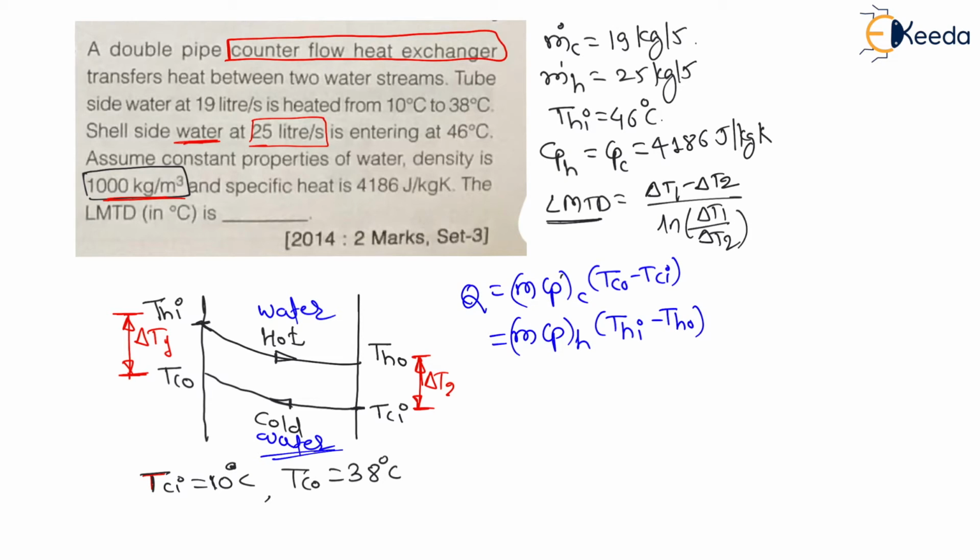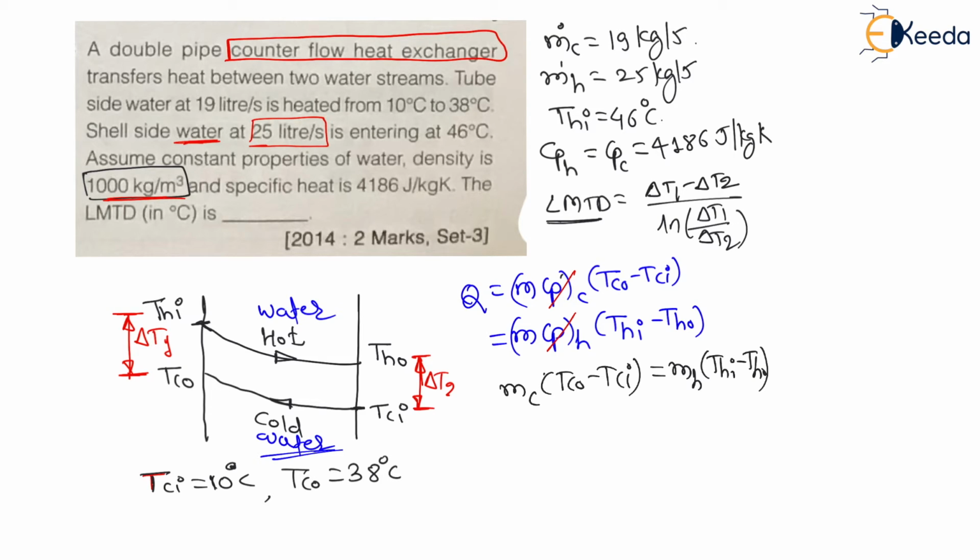Now both cold and hot fluid are water, therefore the specific heat is the same. So let us cancel the specific heat. But the mass flow rate is different here. Therefore, we can say m of cold fluid into Tco minus Tci is equal to m of hot fluid into Thi minus Tho.